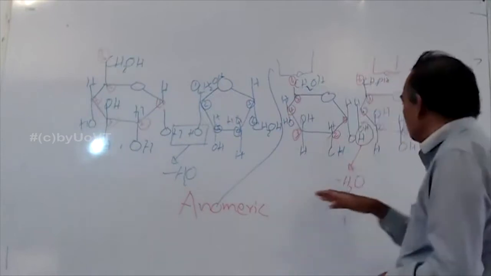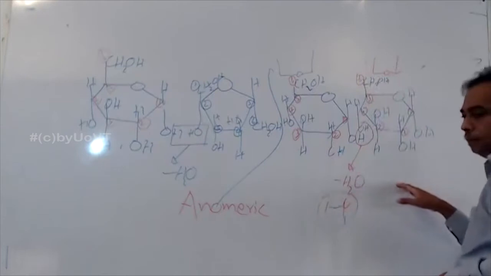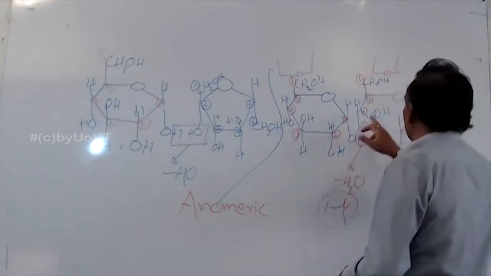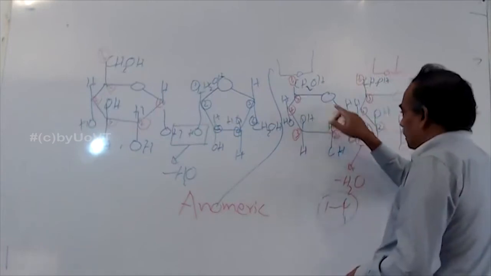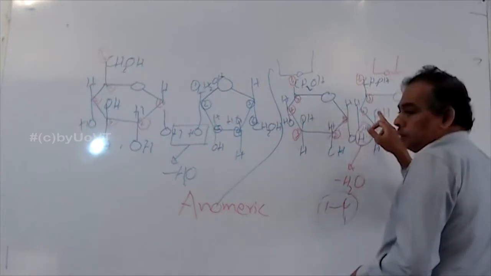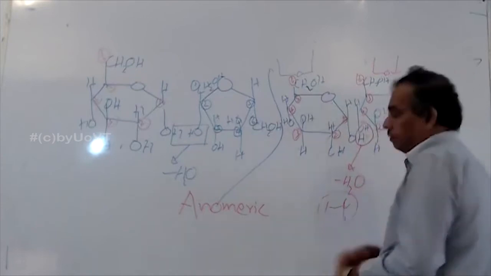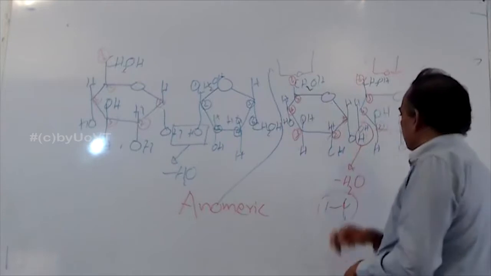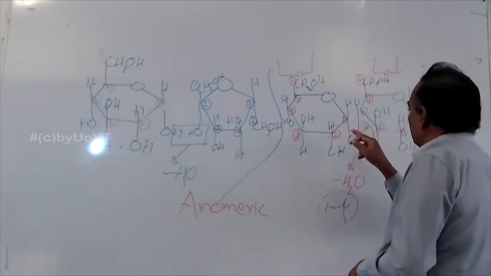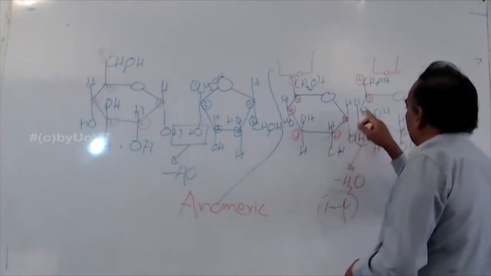But in the case of maltose, the second example, the anomeric carbon is the first one of the glucose. This is again glucose, therefore the anomeric carbon is the first one. But there is a speciality. What is the speciality? The bond is between 1 and 4.